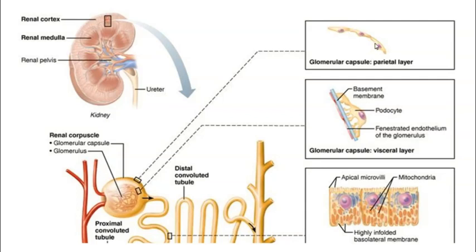The parietal layer had a simple squamous epithelium. The visceral layer has the special cell type called podocytes. This term podocyte literally just means foot cell. And these podocytes have little extensions, feet-like processes on them that make contact with those glomerular capillaries there.